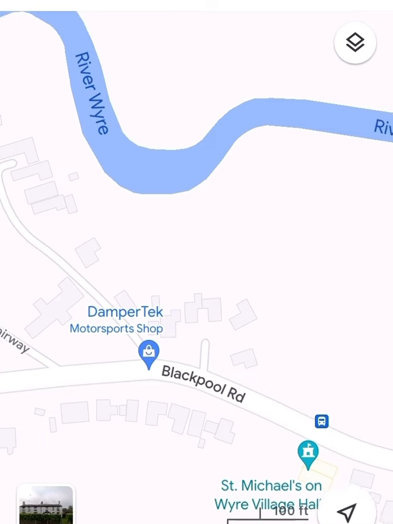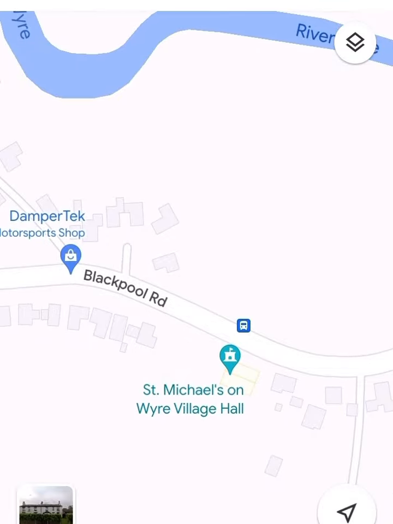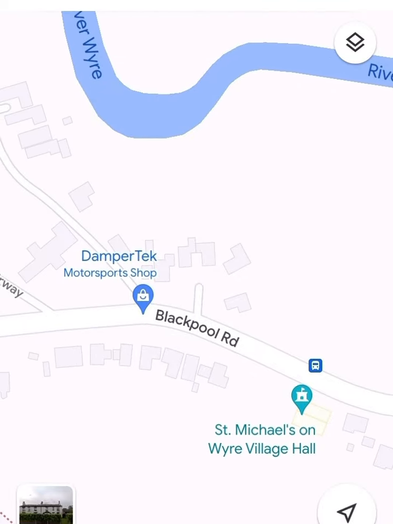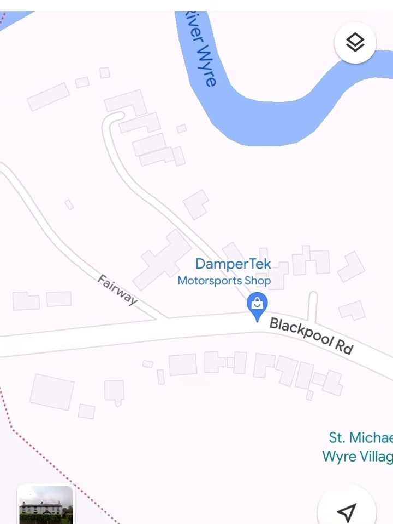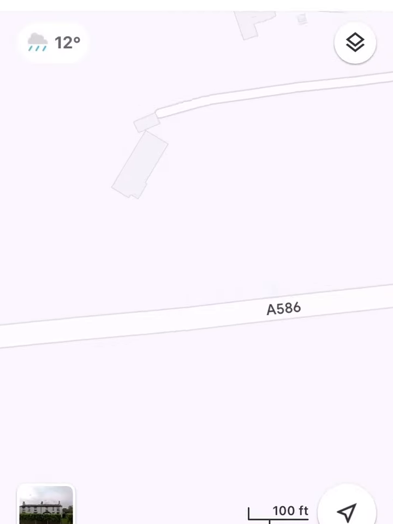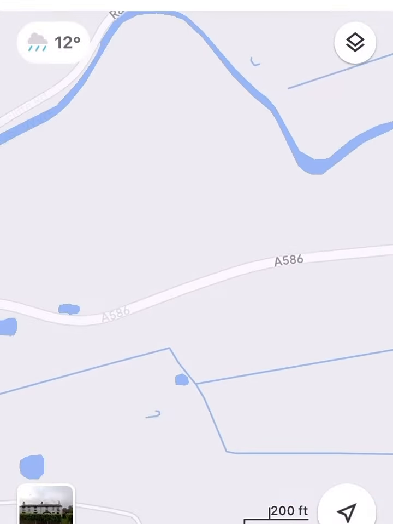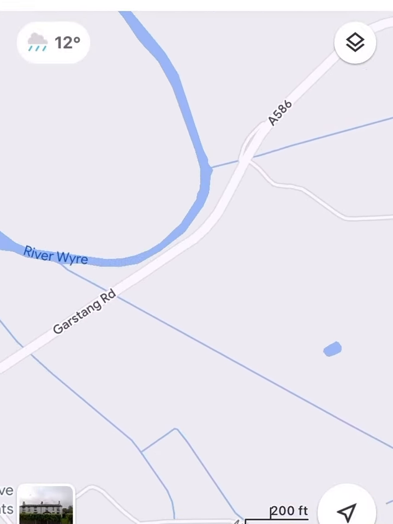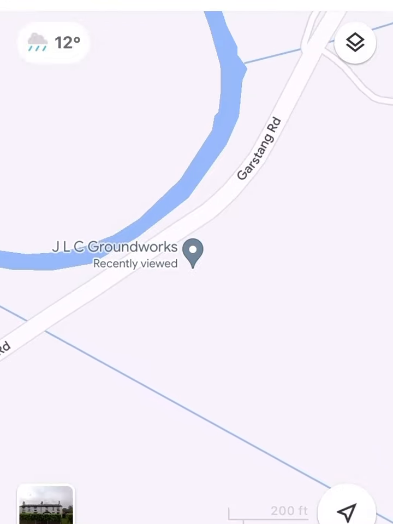Now we've got Blackpool Road here, and I don't remember if I looked that far along. Presumably it did say Blackpool Road before, because JLC Groundworks' address actually says Blackpool Road, the Boathouse, Blackpool Road. And as you may have seen in a previous video, this is where JLC Groundworks is, and I was quite confused when I saw Garstang Road there, to be honest, because their address is Blackpool Road.